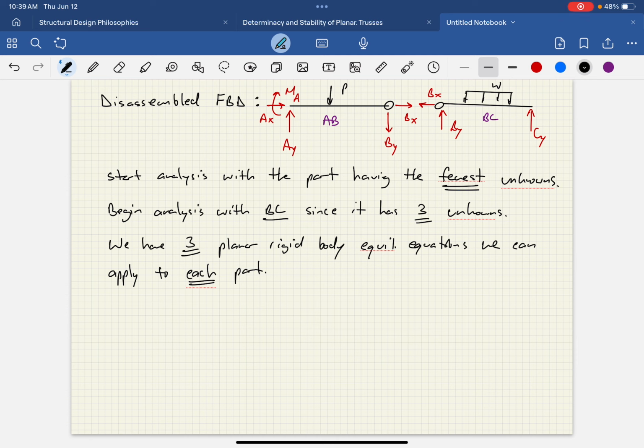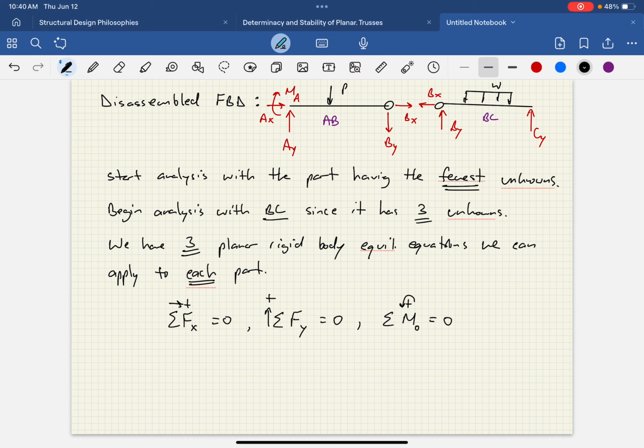What are the 3 planar, or we sometimes say 2D, rigid body equilibrium equations that we've learned before? Well, we've got the sum of the forces in the x direction equals 0, the sum of the forces in the y direction equals 0, and the sum of the moments about a point equals 0. And of course, if we put sign conventions there, we say things pointing to the right are positive, things pointing up are positive, and we typically say things going counterclockwise are positive for moments, okay?